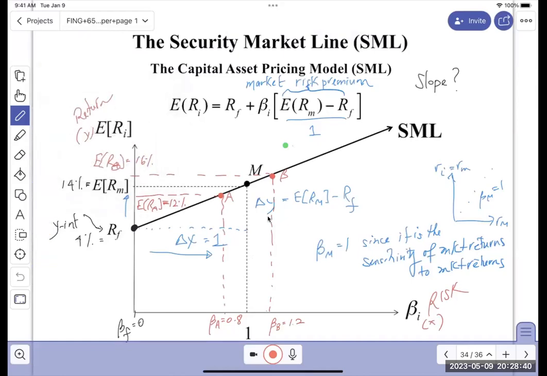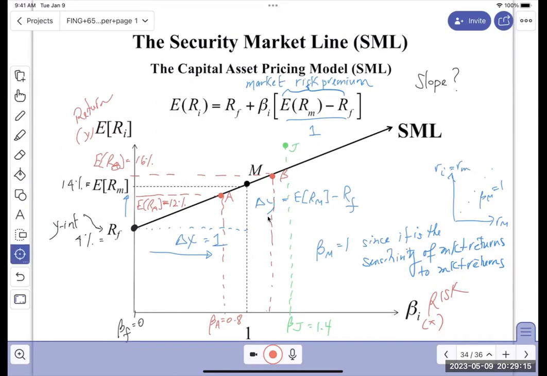Let's call it asset J. Asset J has a beta of 1.4.